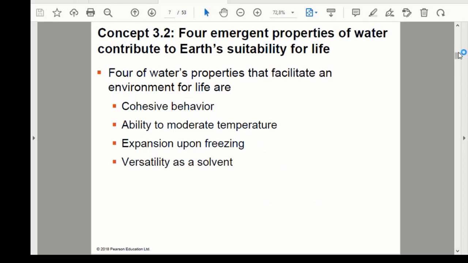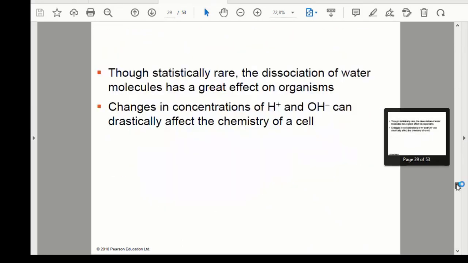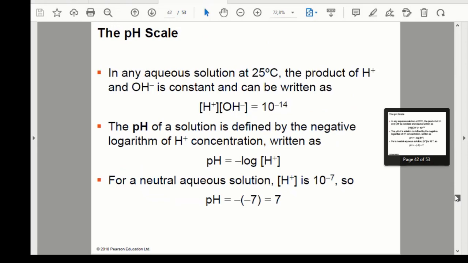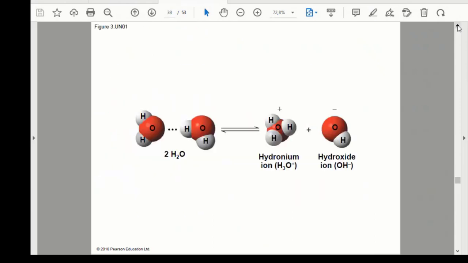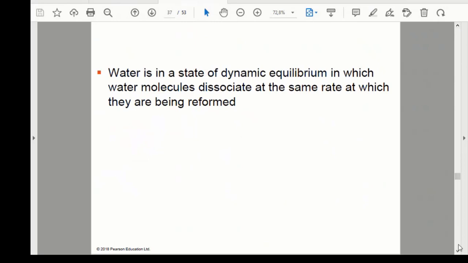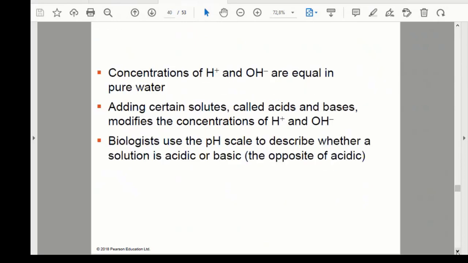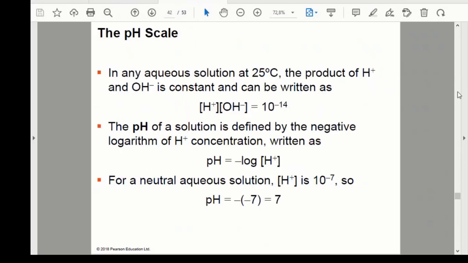I think it was last week, and then we ended up talking about the differences between acids and bases. What are the units, what are the measures you need when you are explaining acids and bases, and how are you supposed to measure those, the pH scale in an aqueous solution?